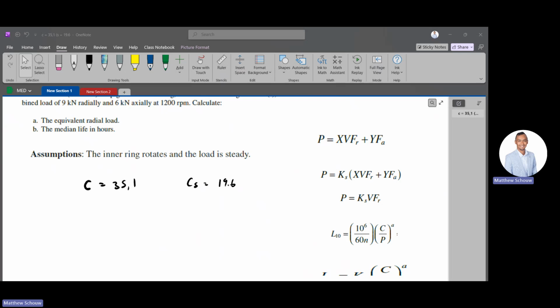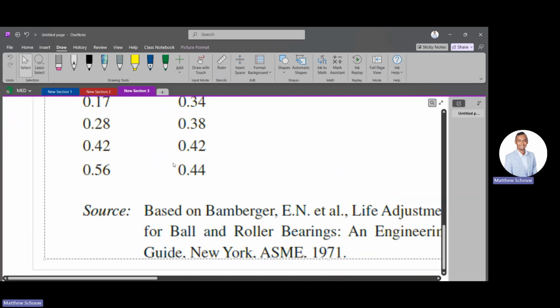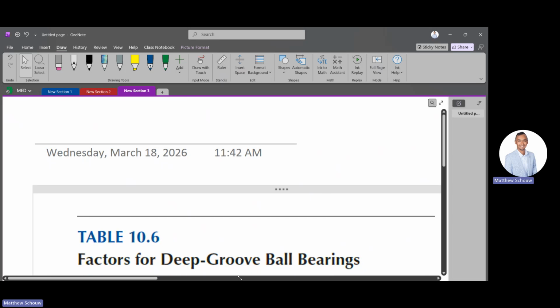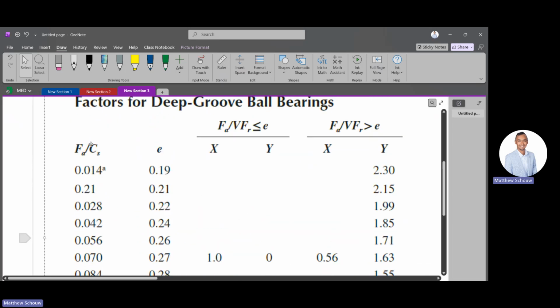So you want to go to another table. This is table 10.6, and you'll see them now, 10.6, right? Okay, and so I'm just going to paste that table over here. If I do that, as you can see, what we need to do now is find Fa divided by C0, right?